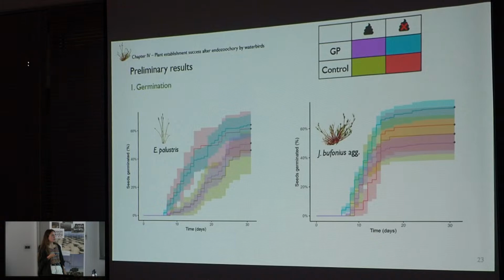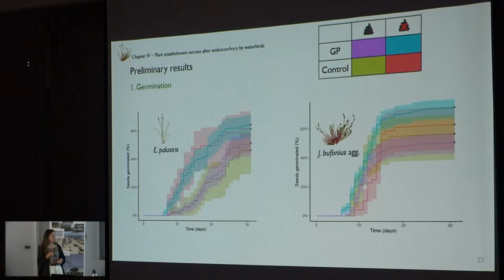And in the case of Juncus, we cannot see such a strong pattern, but we can also see that seeds without feces, in red and blue, germinated more than seeds with feces. And in both cases, the seeds that germinated the most were the ones without feces and with gut passage.